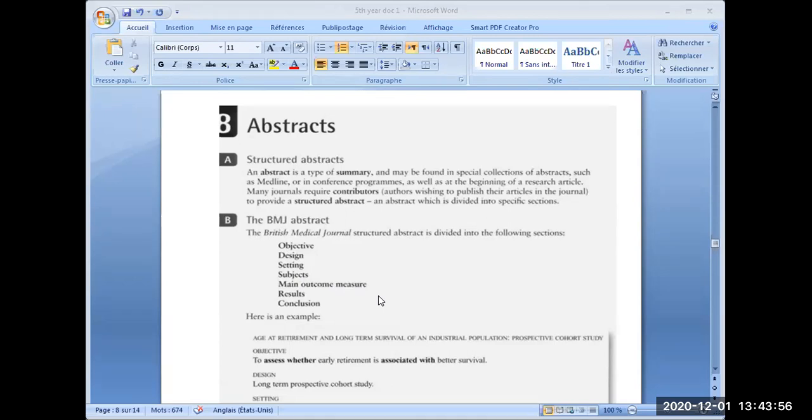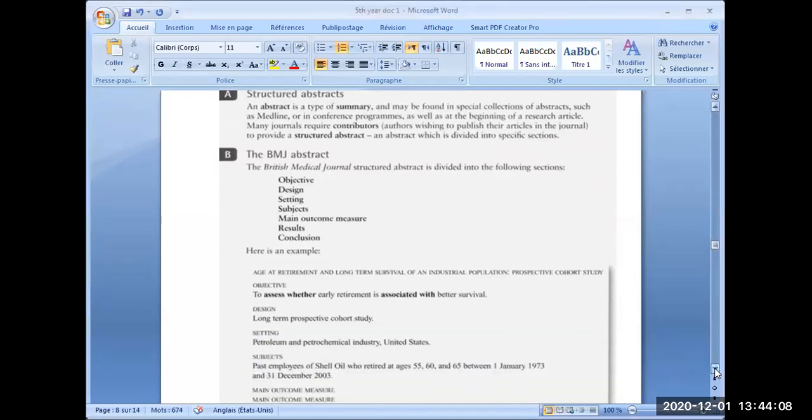Outcome is the conclusion, the consequence. It can be the result, okay? And the conclusion. So when you do research, you come to outcomes. You would like to reach an outcome. You have to prove why you are doing this research because you would like to explain a specific result, okay?